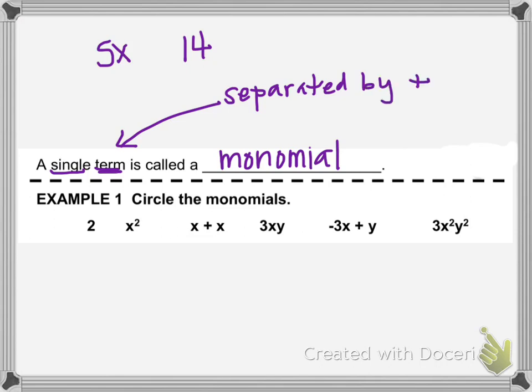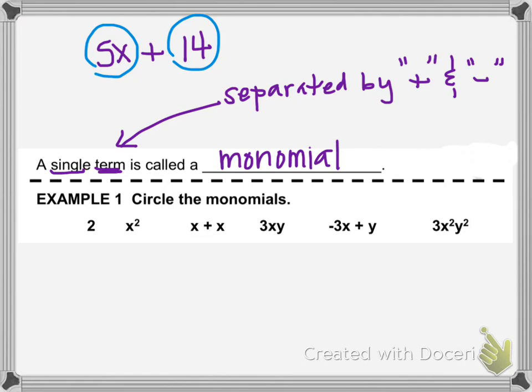Separated by pluses and minuses. So for example, if I had a plus between this 5x and this 14, there would still be 2 terms. The 5x is one term or one monomial. The 14 is another term or another monomial. And together there are 2 monomials.